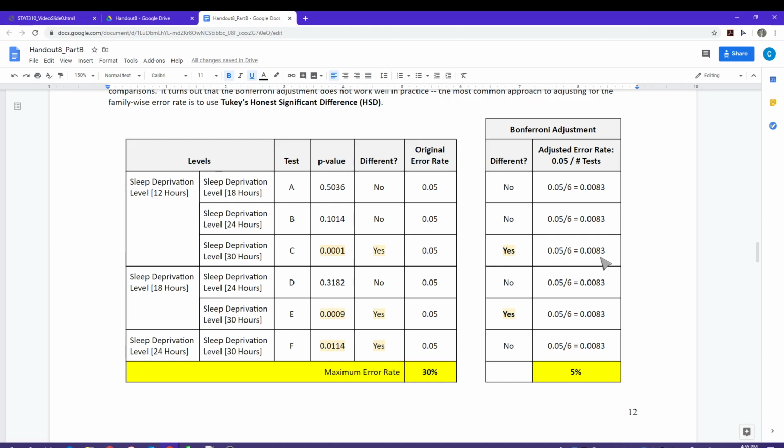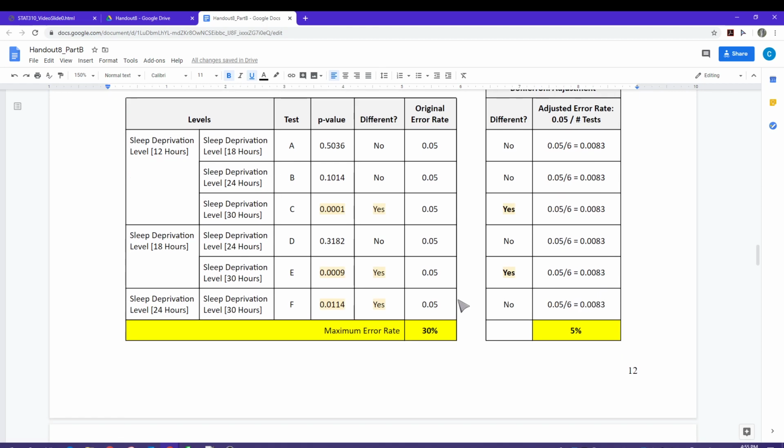That is indeed less than 0.0083. This one here, test E, which is comparing 18 to 30, is significant using Bonferroni's Adjustment. Again, 0.0009 is less than that 0.0083. However, we see that the comparison between 24 and 30 is no longer significant.